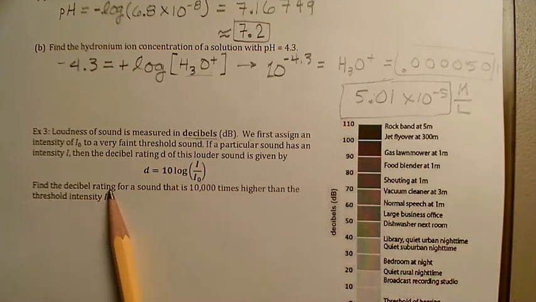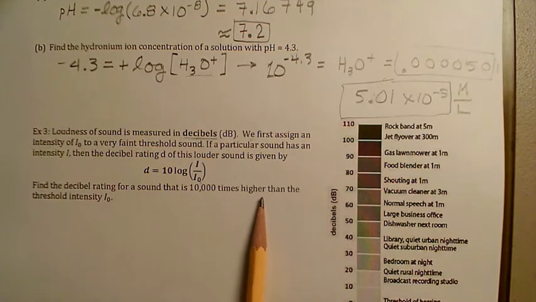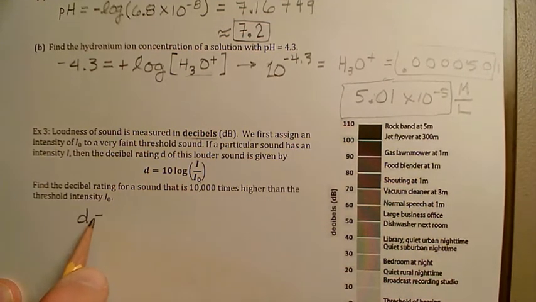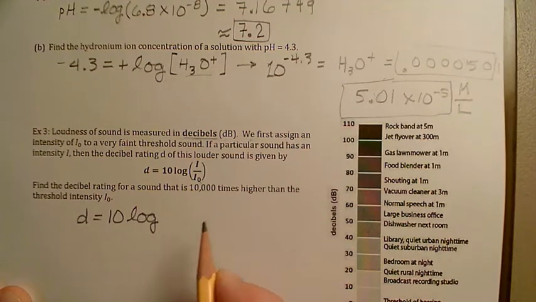Okay, so find the decibel rating of a sound that's 10,000 times higher than just the threshold sound that you can just barely hear. All right, so we're looking for D, and it's 10 times log, common log again, because there's no base, so it's base 10.